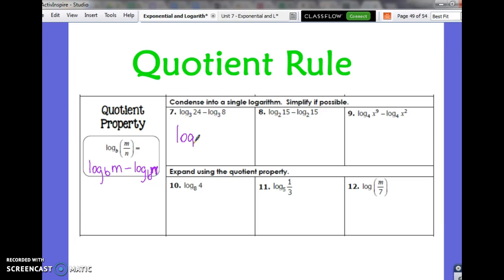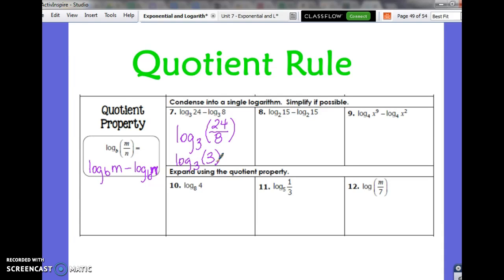So that will be log base 3 of whatever is on top divided by the second piece, which goes on the bottom. So if you've got log base 3 of 24 minus log base 3 of 8, you can condense that into log base 3 of 24 divided by 8, and that becomes log base 3 of 3.